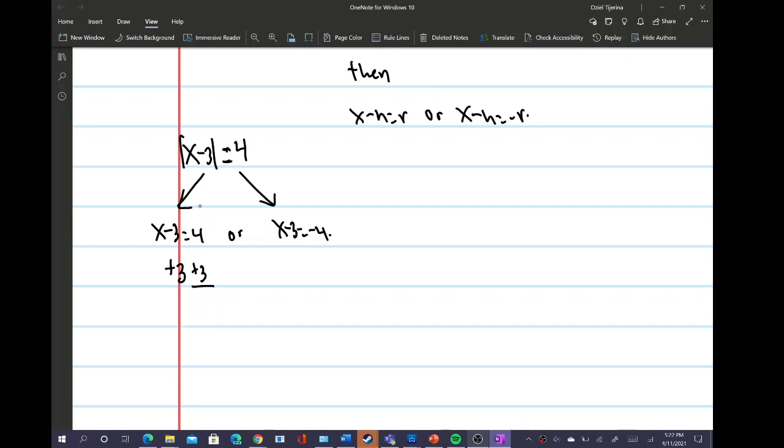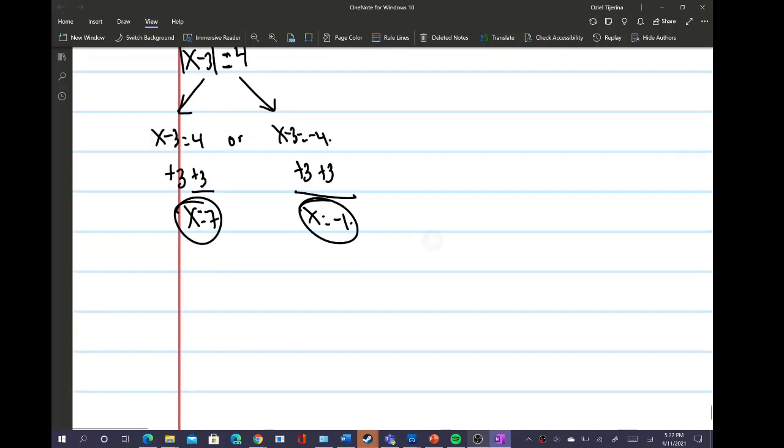So then we have x minus 3 equals 4, or x minus 3 equals negative 4, and then for the first one, you add 3 on both sides, you get x equals 7, and for the other one, you add 3 on both sides, and you get x equals negative 1. Now you check it. The absolute value of 7 minus 3, is that equal to 4?